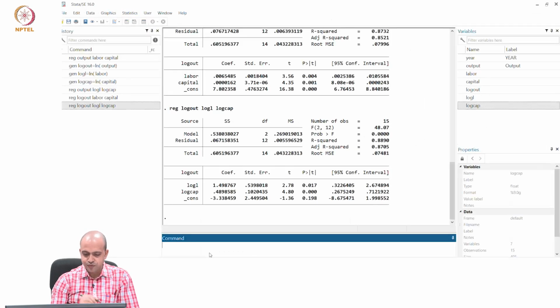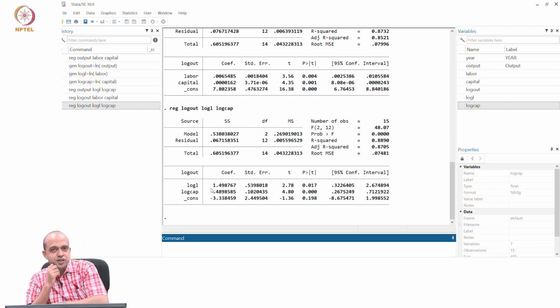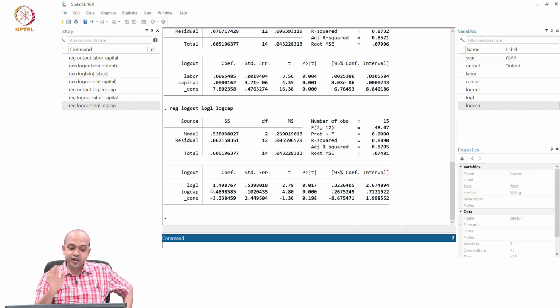Now if you go back, here we see that the coefficient of lever is 1.49. What does it mean? It means for 1% change in your lever, output changes by 1.49 percentage. You have to clearly keep in mind, generally we commit a mistake: we again multiply this by 100 and say that for 1% change in lever, output changes by 149%, which is absurd.